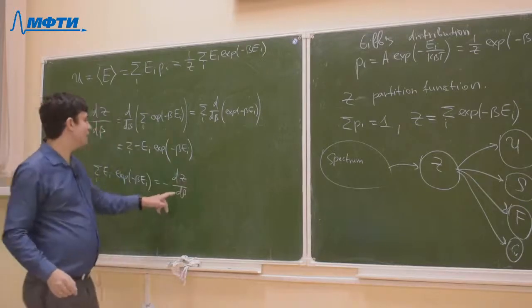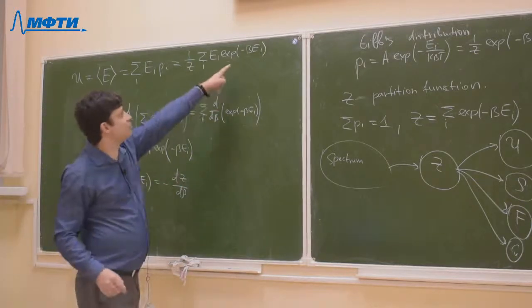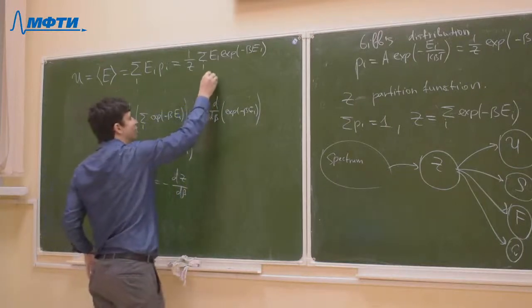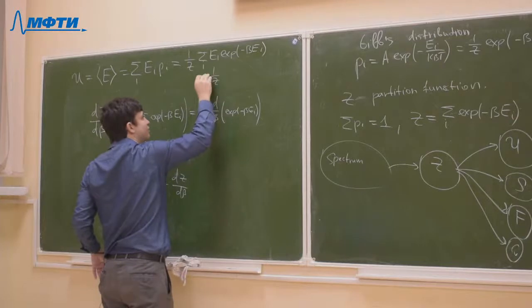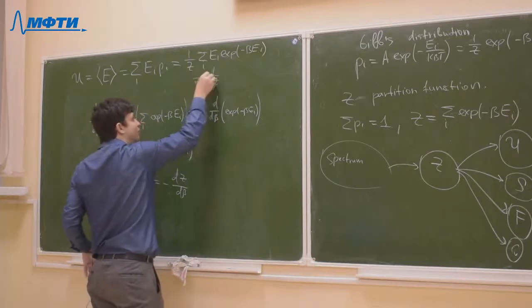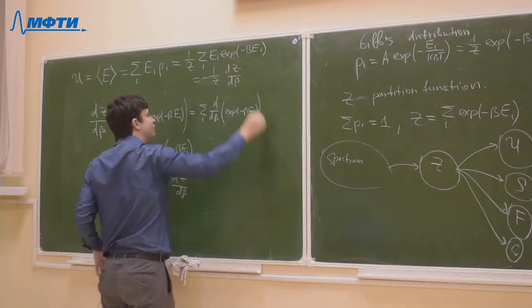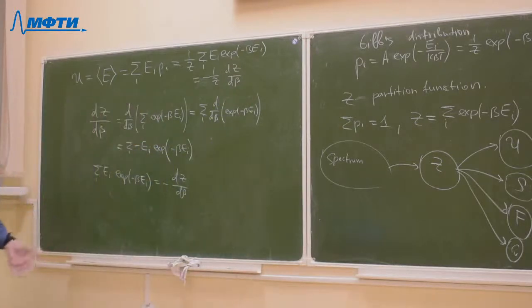Then I insert this quantity instead of this sum here and get the following formula: U equals minus 1 over Z multiplied by dZ over d beta. So if I only know the partition function, I find the internal energy.